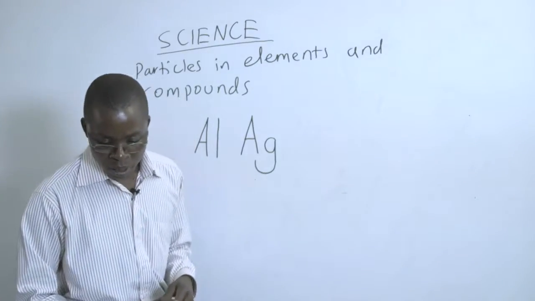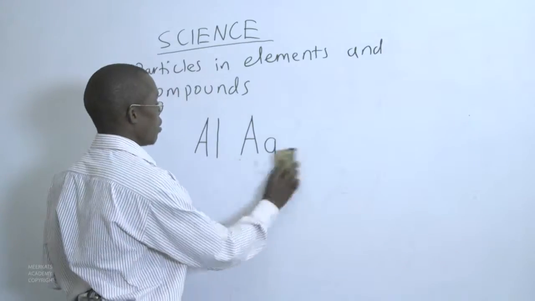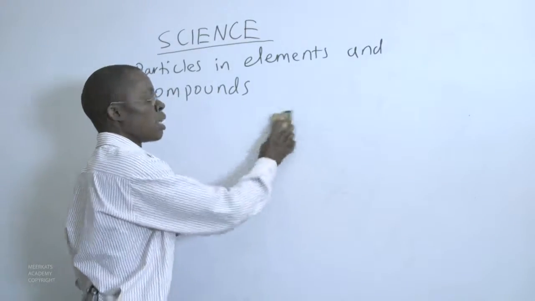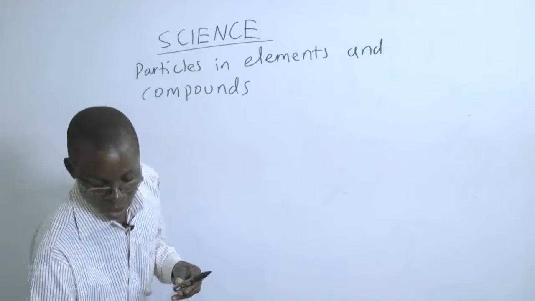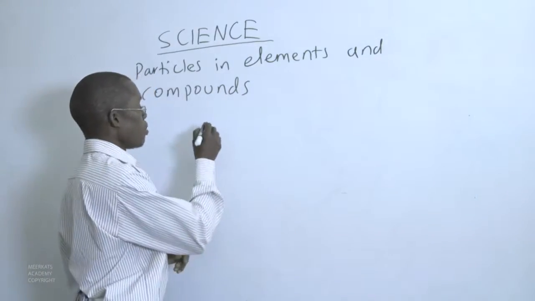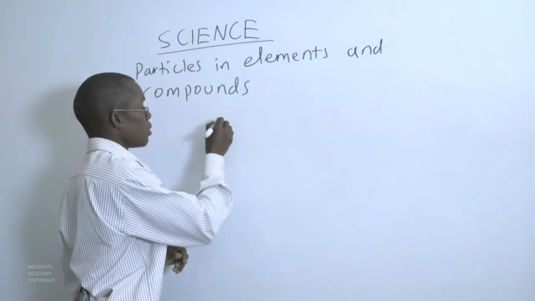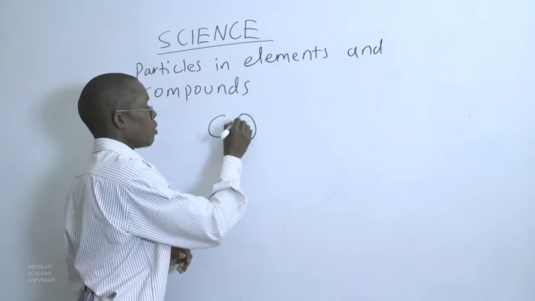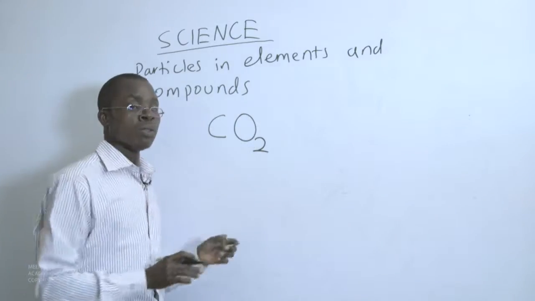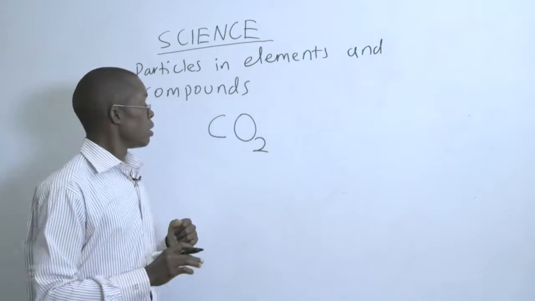The other compound that is common with us is carbon dioxide, which is also called carbon 4 oxide, based on the IUPAC way of naming. Carbon dioxide, carbon di, so CO2, di means 2, so we have 2 oxygens and 1 carbon.